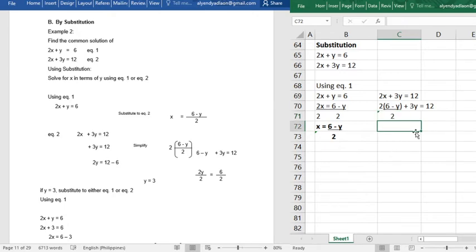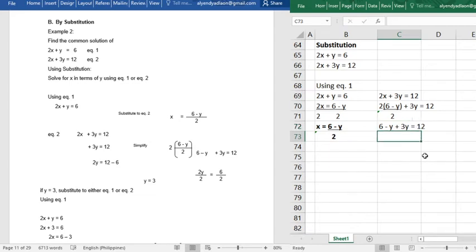Now next is to solve for 2 times 6 minus y divided by 2. Since we are going to multiply 6 minus y by 2 and also divide it by 2, it will cancel both of our 2's, because 6 minus y times 2 divided by 2 is still 6 minus y. So we have 6 minus y as the remaining value, and then copy 3y equals 12.